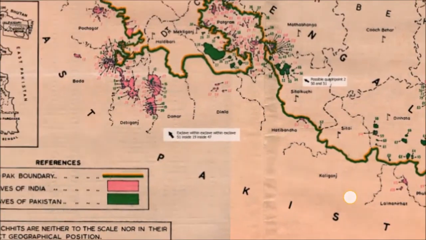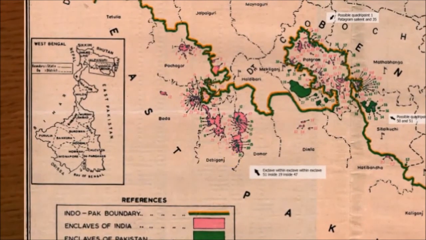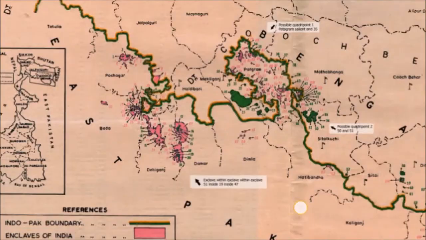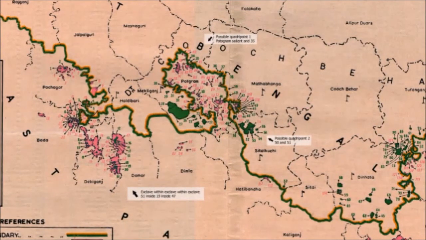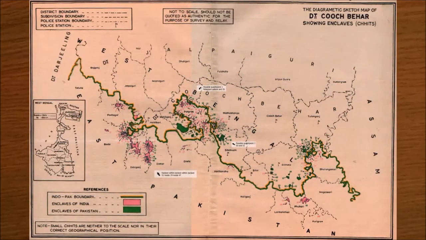This is Debiganj. This is the northeast corner, and a horizontal line has to be drawn from here. So, by this agreement, we think that much more part was going to Pakistan when we compare this agreement to the award which was previously given.